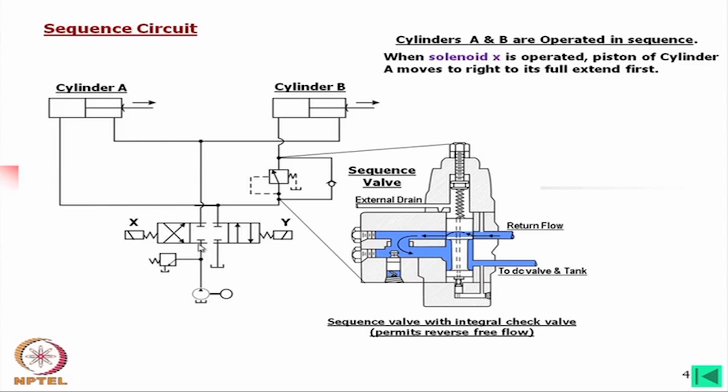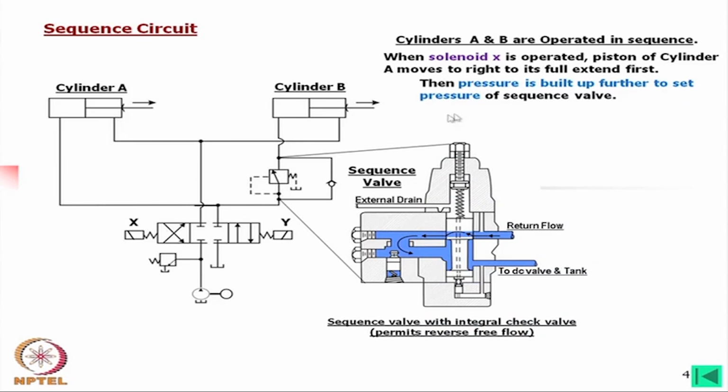The oil is going like this, a cross connection is there. So the oil is going through this valve, it is trying to go here, and it is also trying to go here. Now, at this position there is a setting. Unless we reach that setting, this oil will not go through this point.